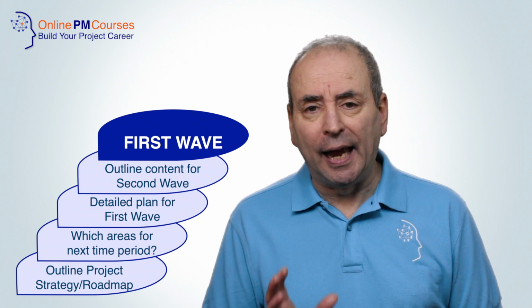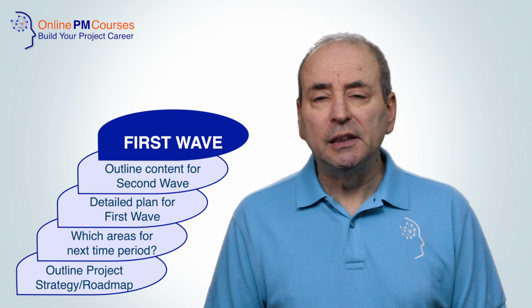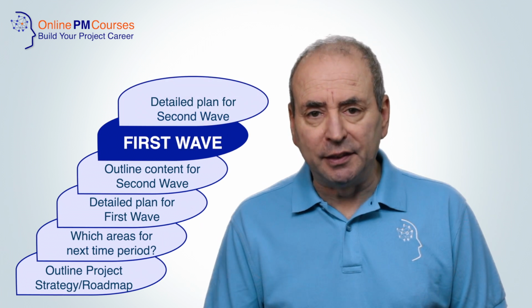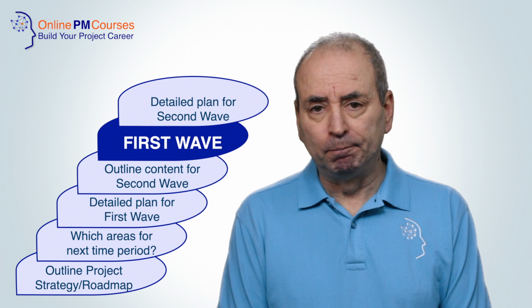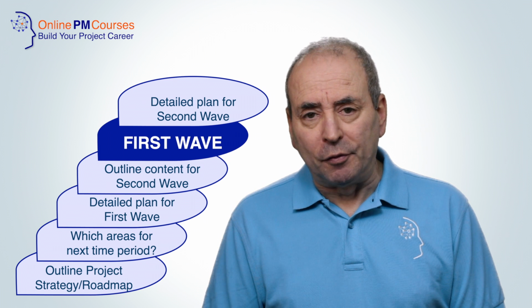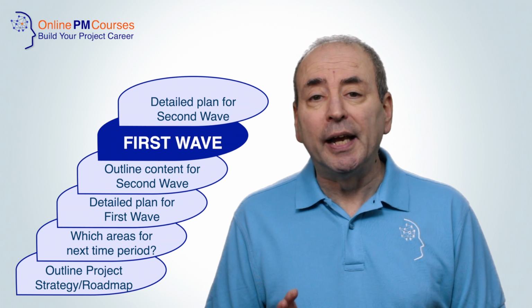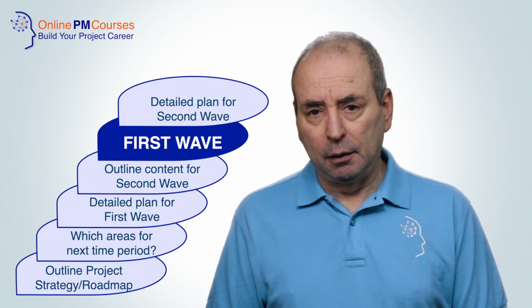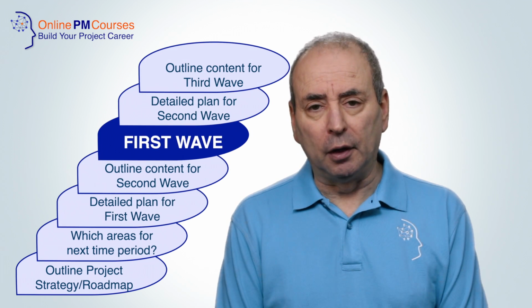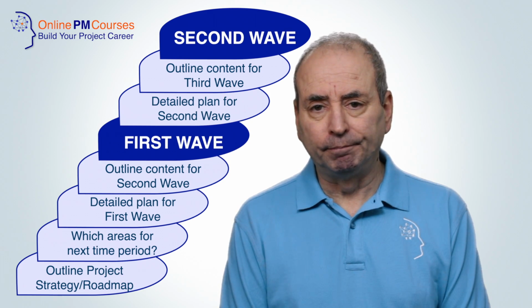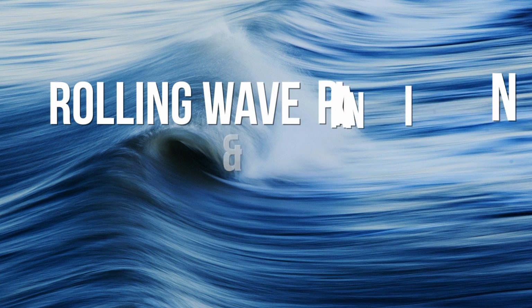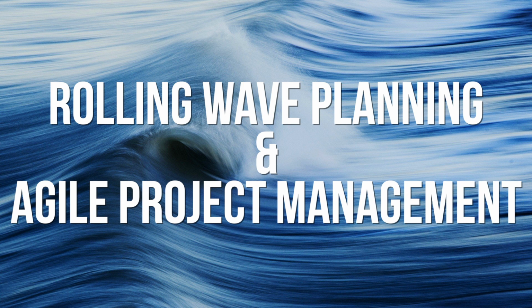As we near the end of this first wave, we start to plan the second wave in detail, learning from our observations of the first wave. And once we've got that second wave in detail, we can start to sketch in the broad picture of what the third wave will look like. And so it continues.